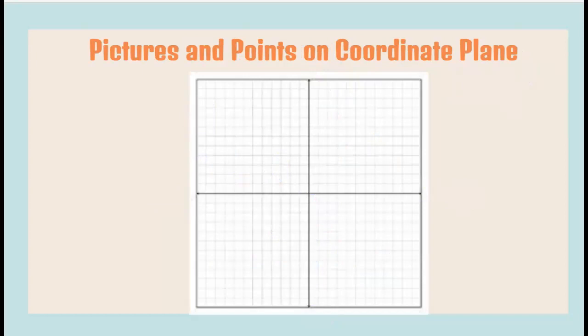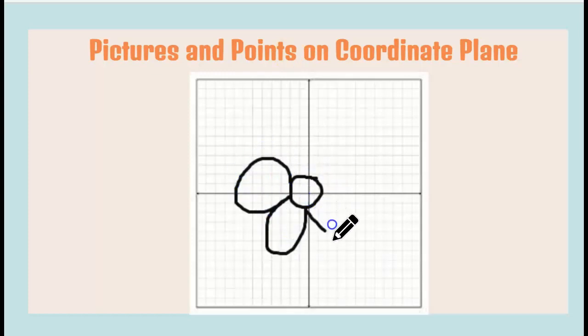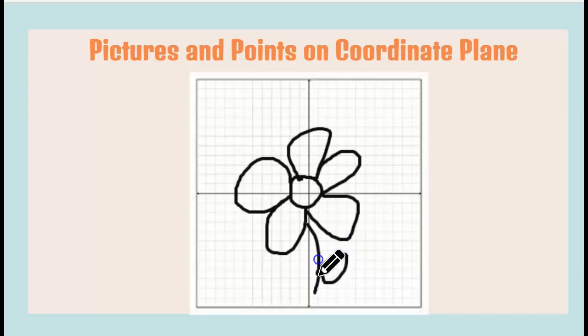So your task for today is to create a picture using the coordinate plane as your canvas, and you are going to draw a picture all over the canvas. I usually like to draw just a flower, a very simple picture like that, and then a little leaf over here and a pot.